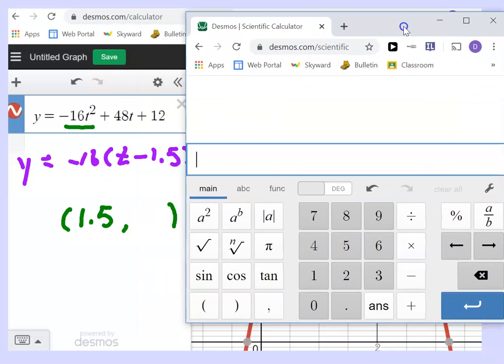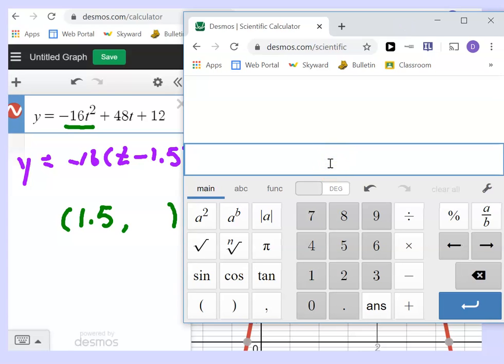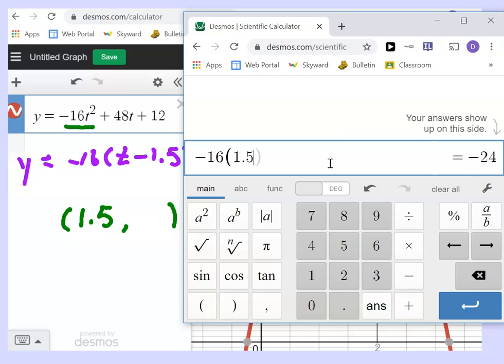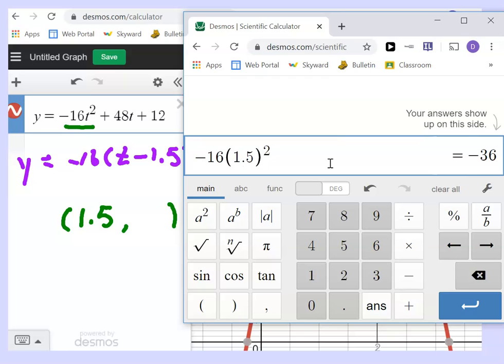So let's just type this in, -16 times 1.5 squared. Remember, we're putting in 1.5 for t, plus 48 times 1.5, and then plus 12. Oops. So I'm simply putting in 1.5 for t right there, and then calculating, and sure enough, there's my 48.